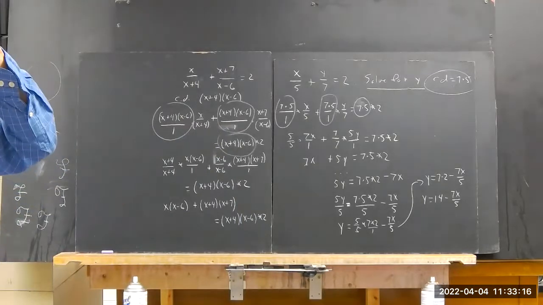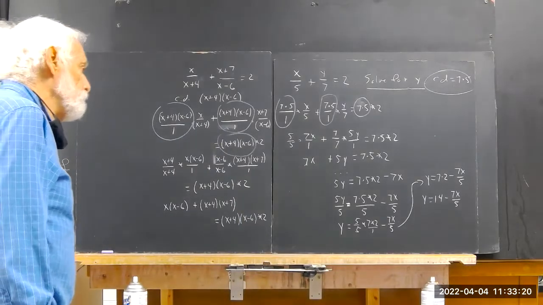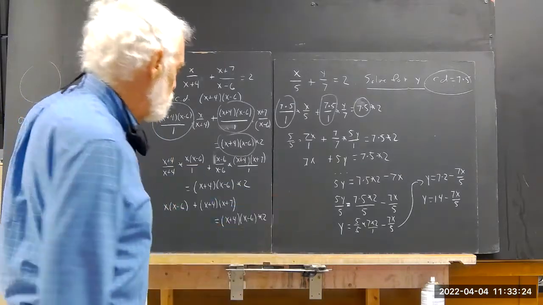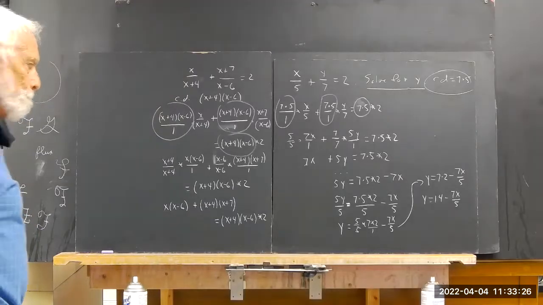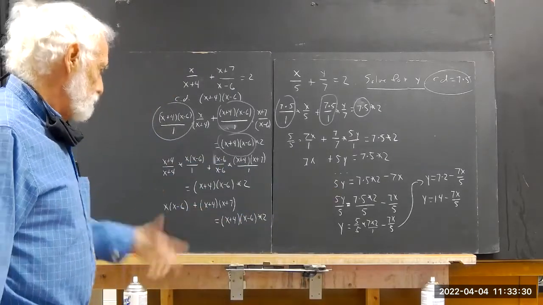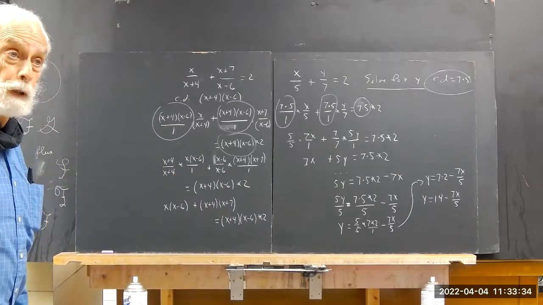Well, now at this stage, I do lose my connection, because here we had a y to solve for, and here we've just got this equation. So what do we do? We use the distributive law and multiply these things out, right?